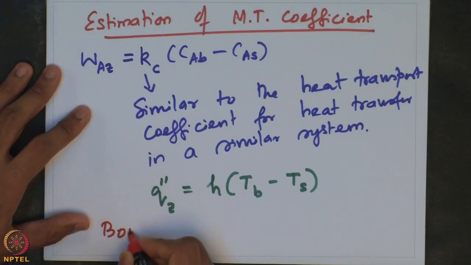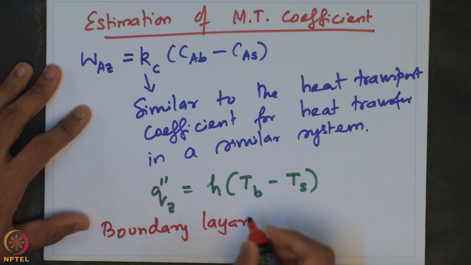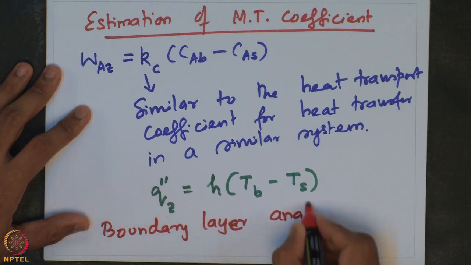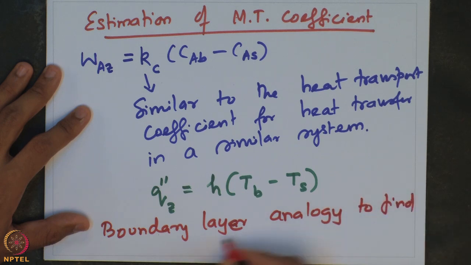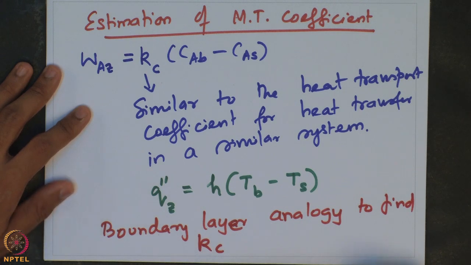From the heat transport class, we know that there is a boundary layer analogy. One can capitalize on the boundary layer analogy to find the mass transport coefficient, Kc.